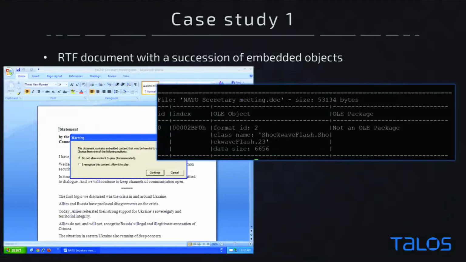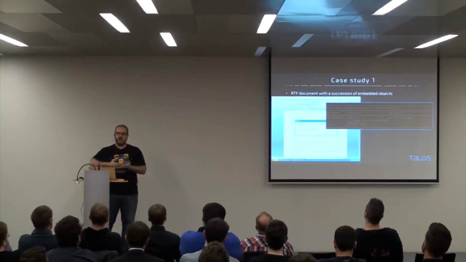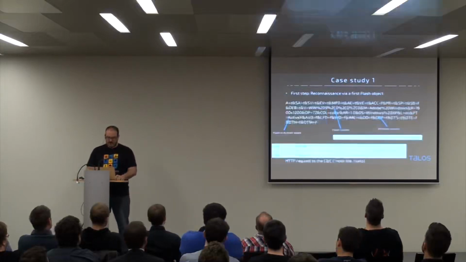The purpose of this Flash object was to decode, decrypt, and load a second Flash document. So we have a first Flash document that loads a second Flash document inside of the Word document.